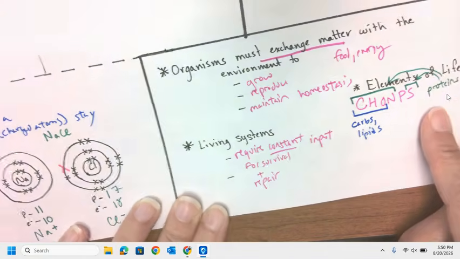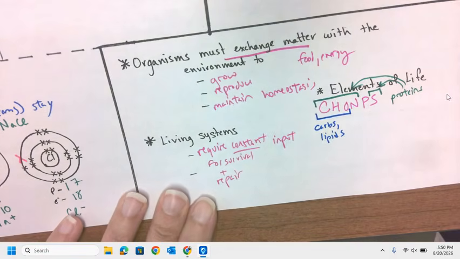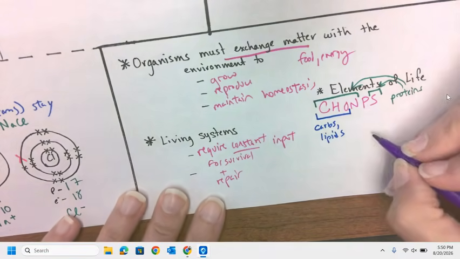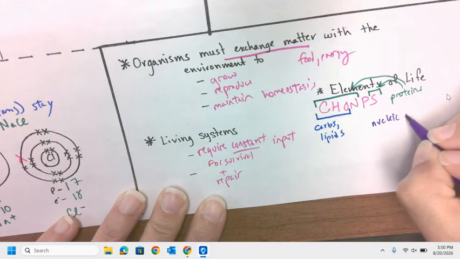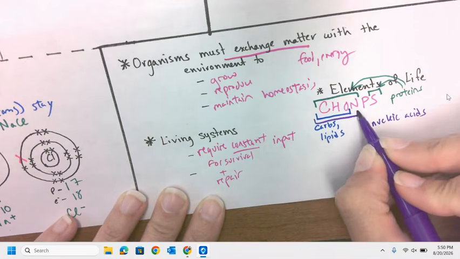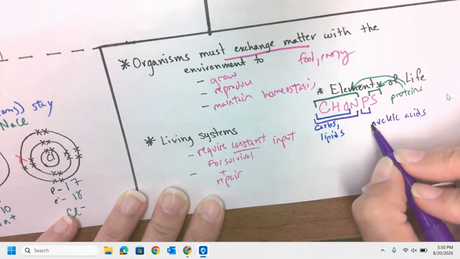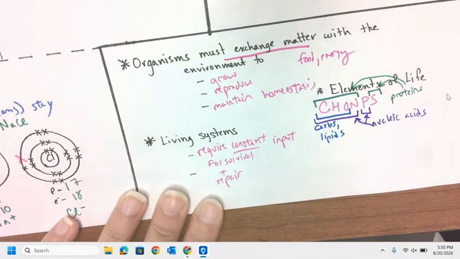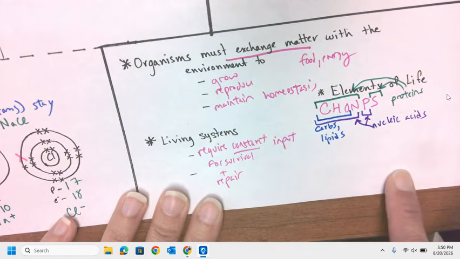And then nucleic acids, like DNA and RNA, use carbon, hydrogen, oxygen, nitrogen, and phosphorus. So these are the main elements that form bonds to make up our structures.